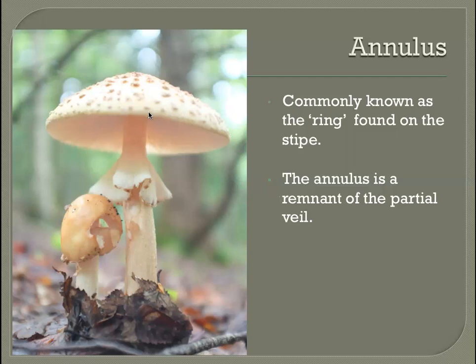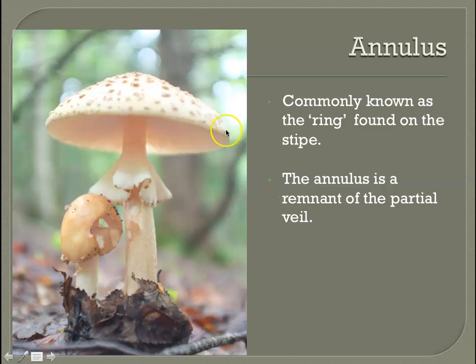Some rings or some annulus will actually detach from the cap or from the stem and create a ring that can slide up and down the stem. Or sometimes what's left is not even anything this apparent. You'll just get little bits and pieces of what used to be the partial veil, and also things that look like spider webs stuck around the stem, which is an indication of a genus also.